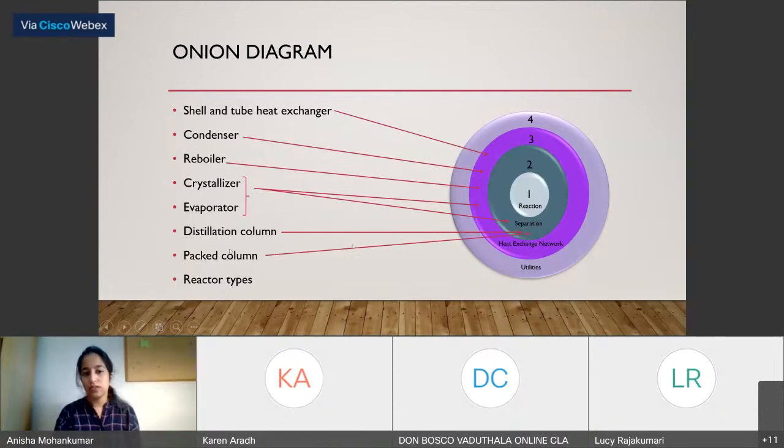A packed column is one such kind of column used to separate products, and that also falls under separation. And there are several reactor types: batch reactors, continuous reactors, plug flow reactors. All these reactors fall under the innermost core of the chemical industry, that is reaction.